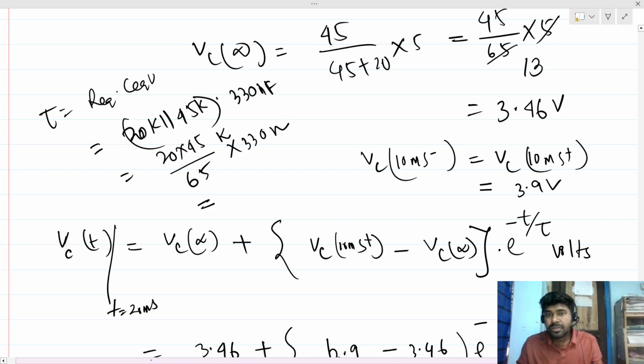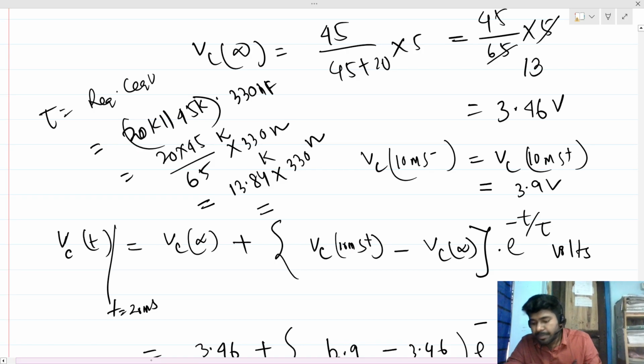Let me do the calculation. 20 times 45 divided by 65 is 13.84. Into 330, this will be 4.56 millisecond.